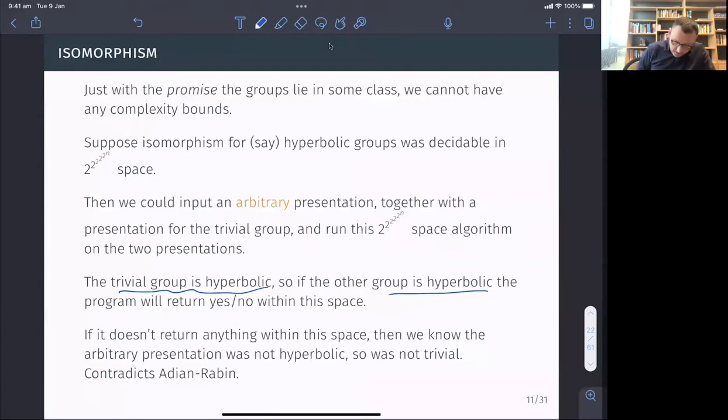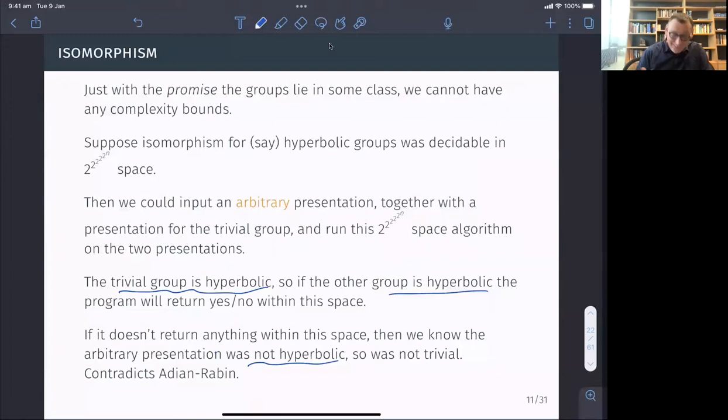If it doesn't return anything within this space, if it's still running and we've used up more than that much space, or we've gone through every possible configuration of the space, so that we'd get into an infinite loop by repeating a configuration, then we know that the arbitrary presentation was not hyperbolic. And that immediately tells us it wasn't trivial.